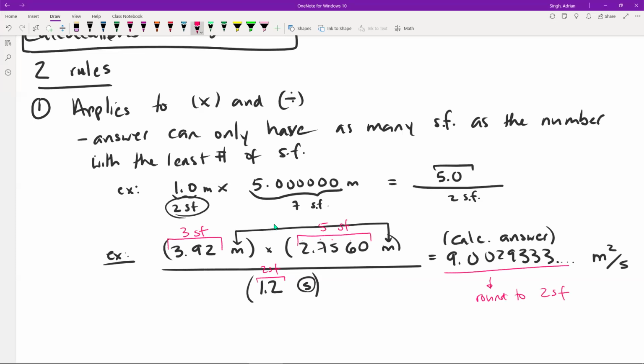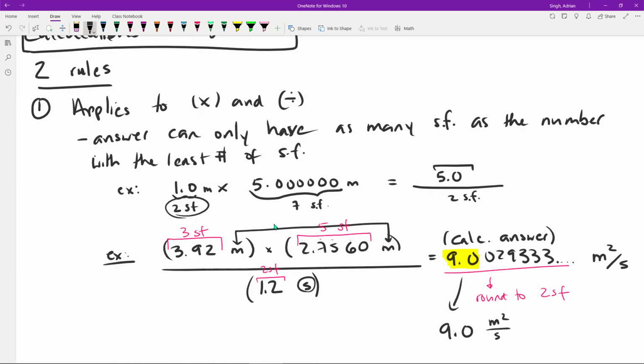Let me highlight the first 2 sig figs: the 9 and the 0 here are significant. The next digit is a 0, so I'm going to keep the previous digit as it is. So this becomes 9.0. A 0 at the end of a number with a decimal point is significant. And then my units, meter squared per second.